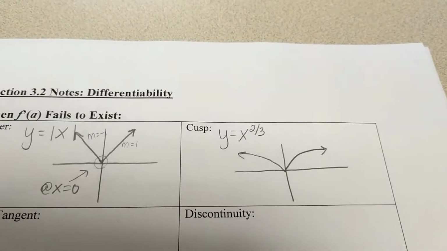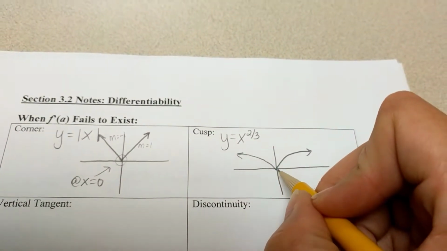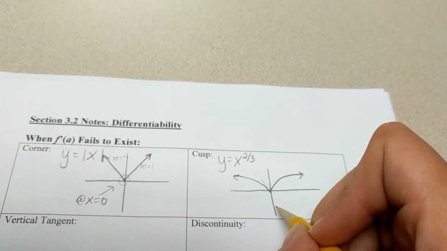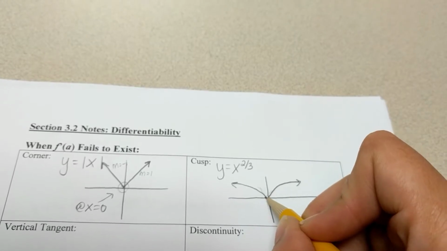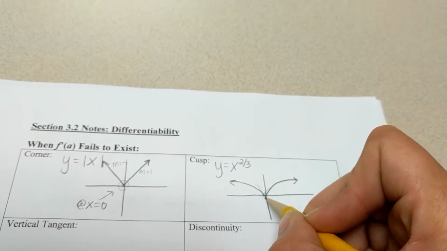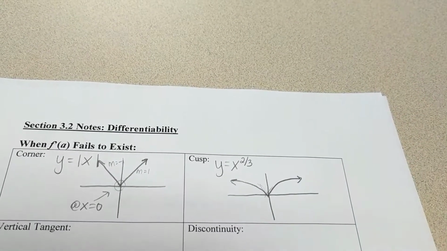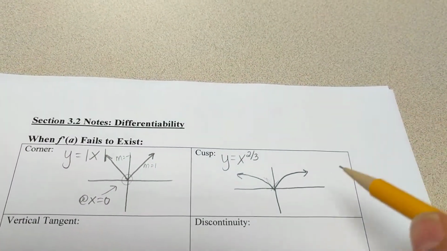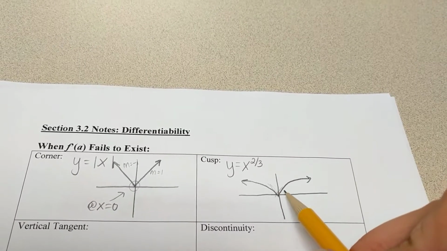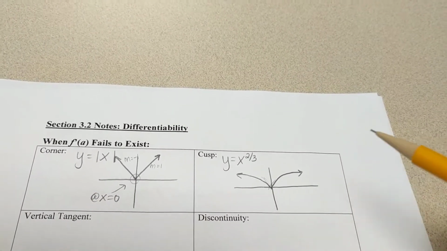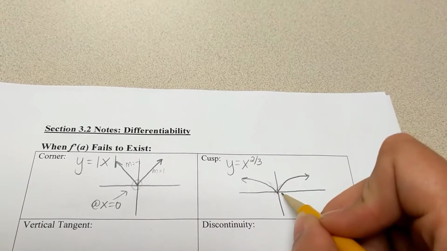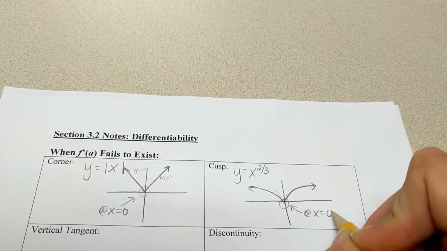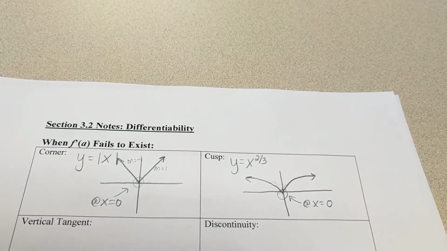It's how I still draw birds, let's be honest. So right here, you've got a steep negative slope coming into 0, and on the opposite side you have a steep positive slope coming out of 0. So again, you have that same type of problem that we had here. If at least one of the two branches is curvy, then we call it a cusp instead of a corner. So right here at x equals 0, we have a cusp.